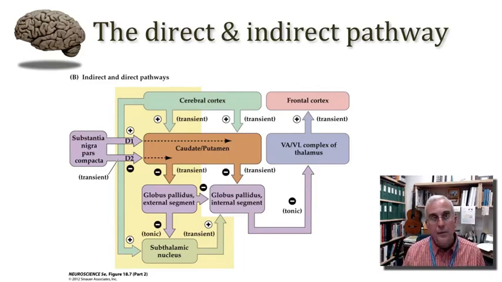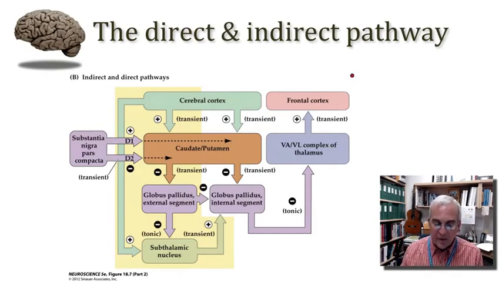So the indirect pathway, as its name suggests, must be a less direct means of getting information from the striatum through the pallidum and onto the thalamus, and indeed it is. The indirect pathway involves an additional loop that runs from the external segment of the globus pallidus through the subthalamic nucleus and then back to the internal segment of the globus pallidus.